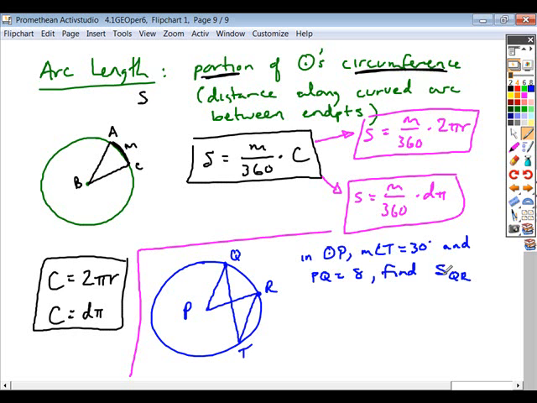But if you want to find the arc length of QR in this problem, and what you're told is that this angle has a measure of 30 degrees, and PQ, the radius of this circle, is 8. Can you find what the arc length QR is equal to?